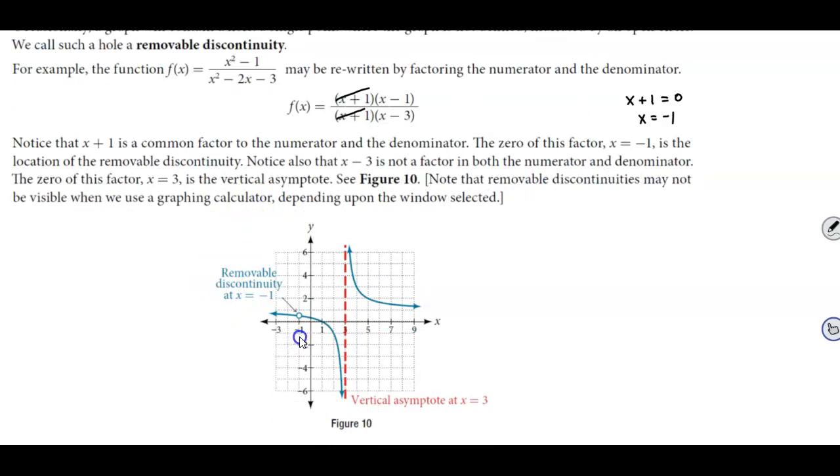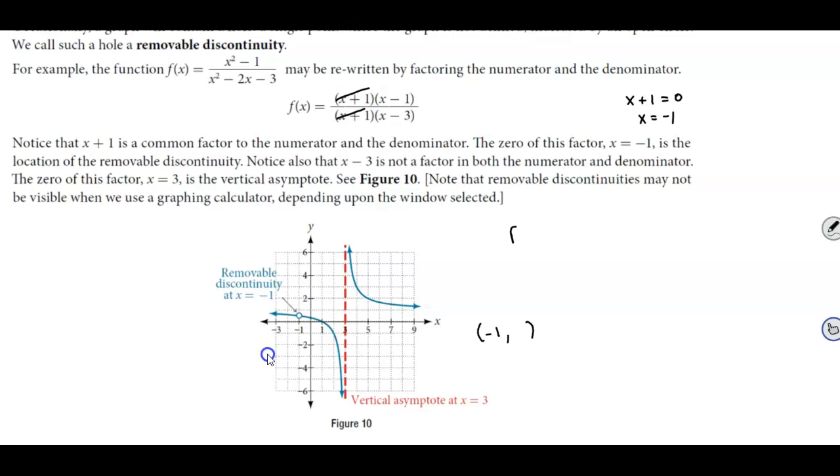So negative 1 is the value of x, and then whatever the output is where the hole is located on the graph. So if we want to find out what that output is, we know that negative 1 is the x value.